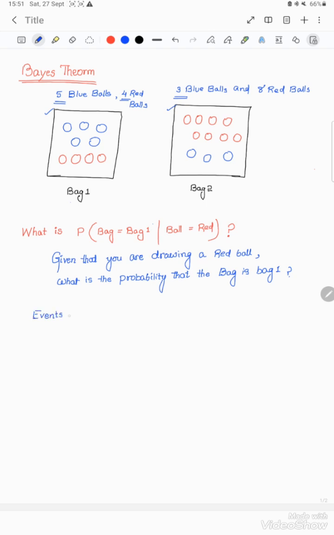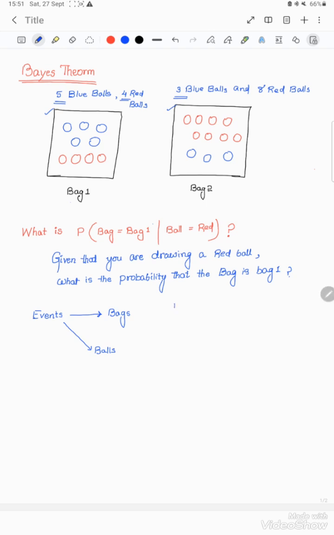So basically here two types of events are present. First one is the event of bag, and second will be the event of ball. In the event of bags, let us consider bag as my random variable.